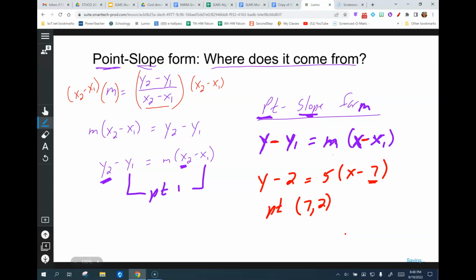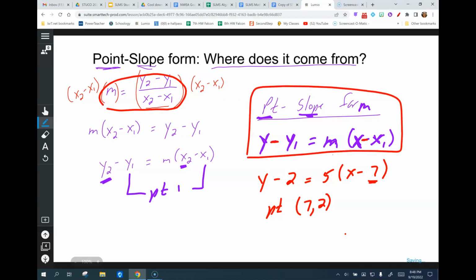My slope is 5. So it looks like I'm taking the opposite, but I'm not. It goes back to subtraction and what our original slope formula was that we started with. Okay? So this is point slope form. That's something you're going to want to have memorized, just like slope-intercept.